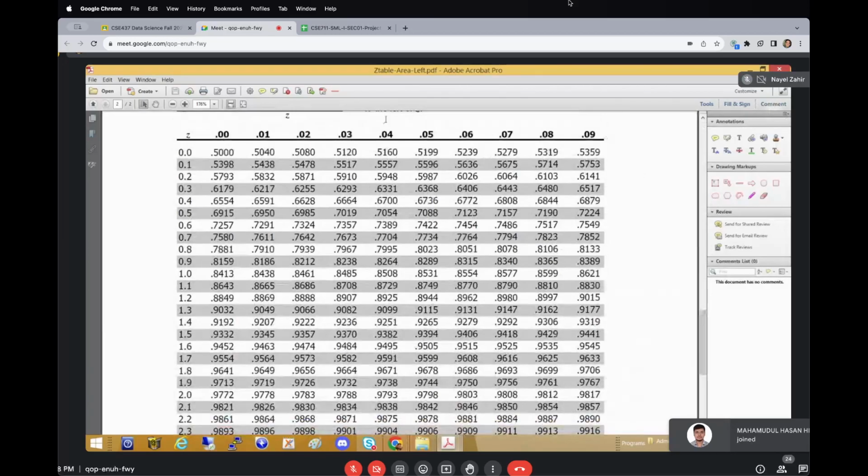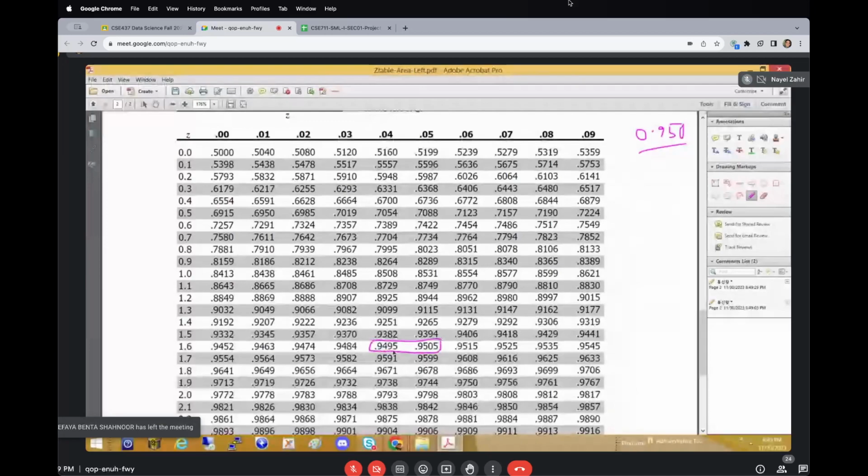So we need to find the value 0.950. Here is 0.9495, and here is 0.9505, 0.9515. So the value will be within this range, between 0.9495 and 0.9505. So within this range we have to think about this one.